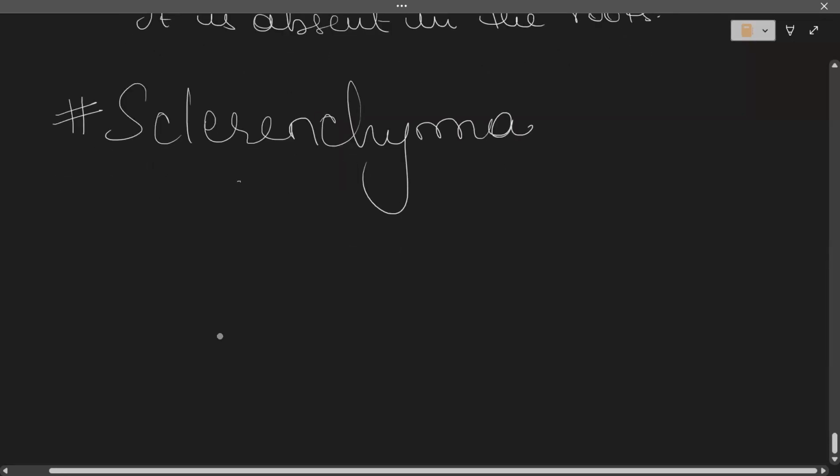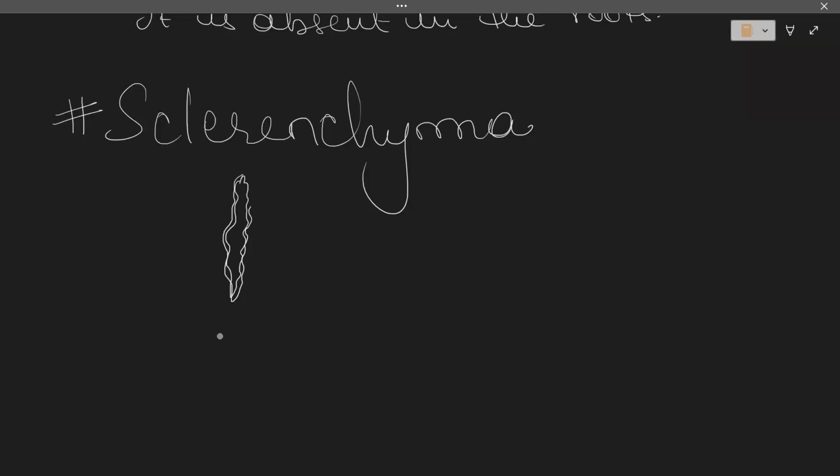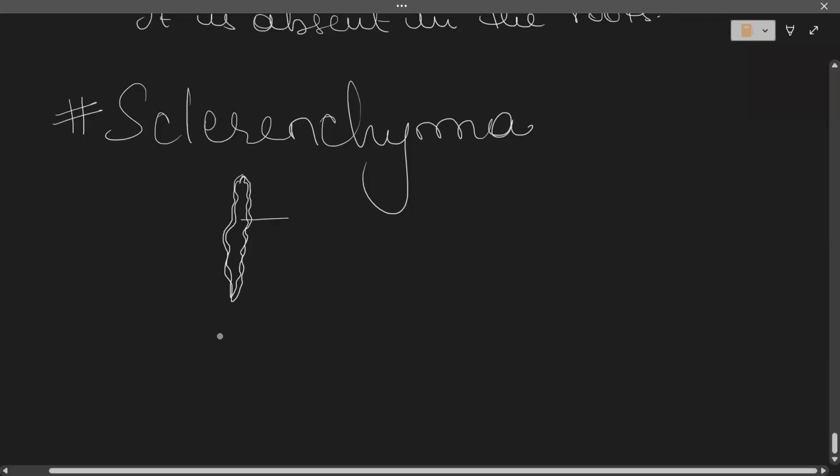If you look at the picture of a sclerenchyma cell, it is very long, and it has a very narrow lumen. The middle part is the lumen, and the lumen of the sclerenchyma is very narrow.